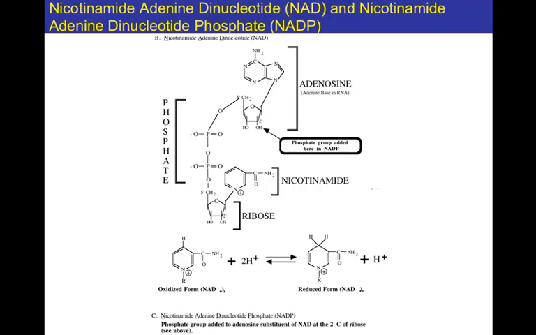Now, how can you remember what reduced and oxidized mean? Well, a molecule that's reduced has picked up extra electrons. And as you might recall, electrons have negative charges. So when you pick up extra electrons, you have picked up extra negative charges, hence your charge is reduced. Oxidized is the opposite of that. When something is oxidized, it has lost electrons, and it has less energy.